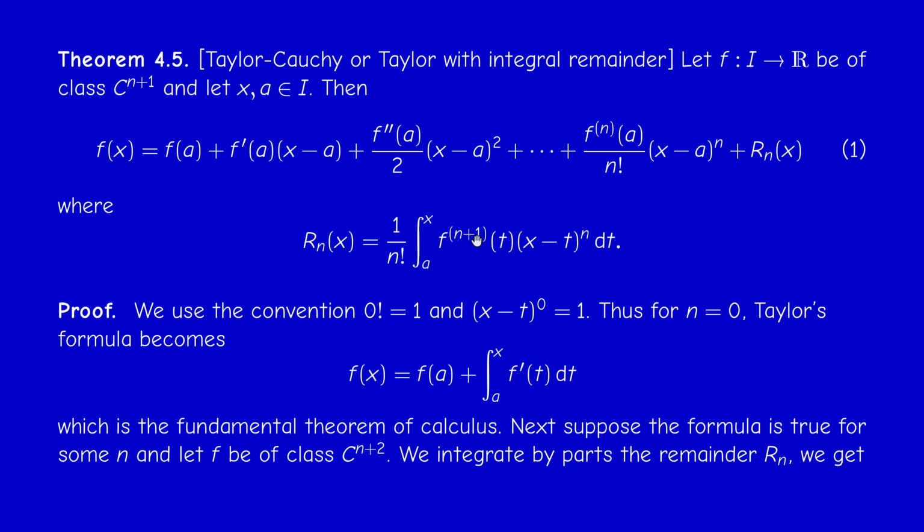So we need to differentiate f^(n+1) to get f^(n+2), and we need to integrate (x minus t)^n with respect to t, because here in this reasoning a and x are fixed. Now an antiderivative of (x minus t)^n is minus (x minus t)^(n+1) over n plus 1.